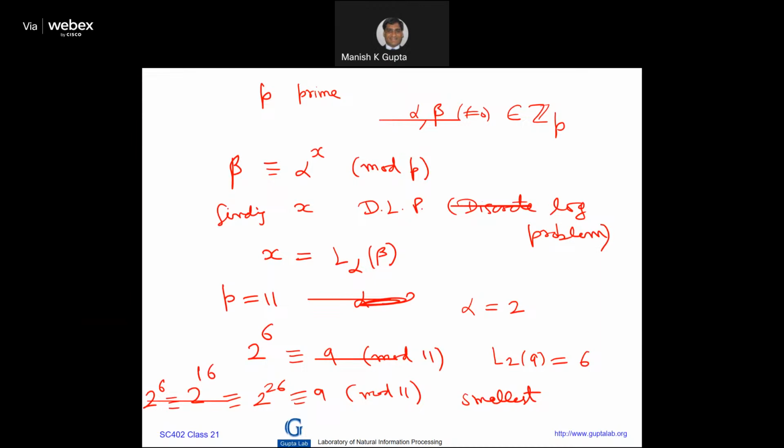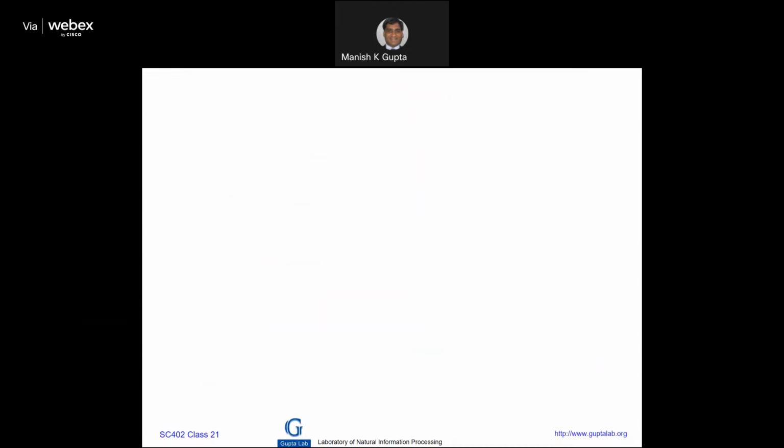So actually in that case, if alpha is a primitive element, then beta is normally an element of the whole field, so it will be some power of alpha, right? So the problem becomes a little bit easier to handle. So often we take alpha as a primitive root or primitive element mod p.